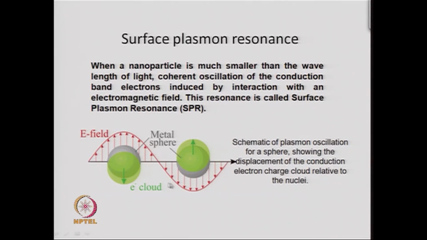So, this is the schematic where you have this metal particle, and this is the electric field, and this shows the oscillations, and this electron cloud.